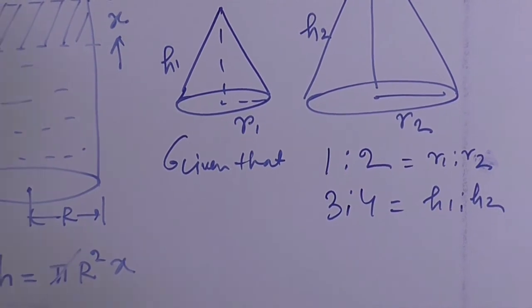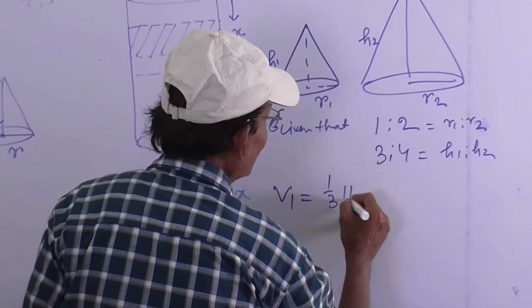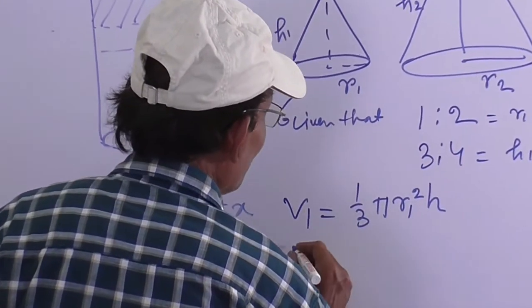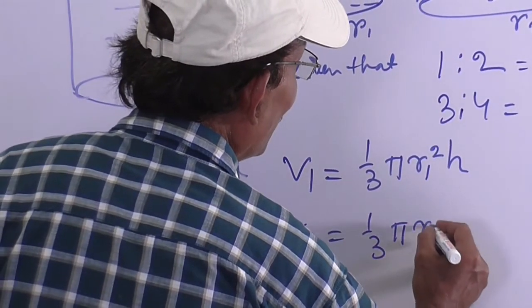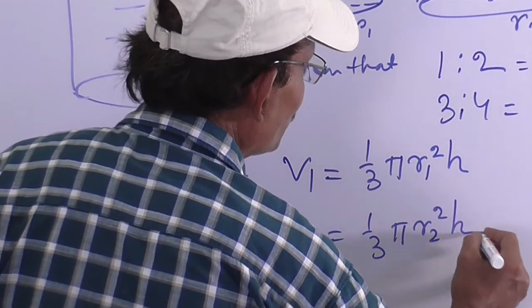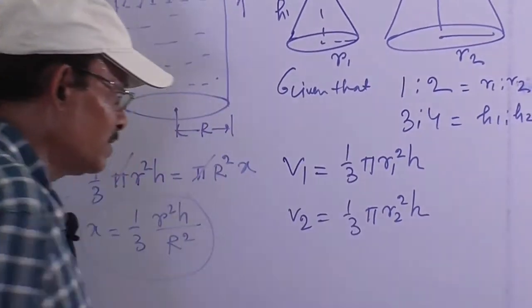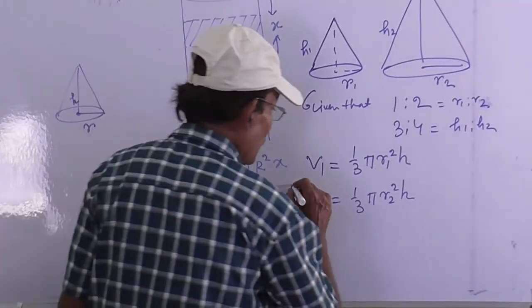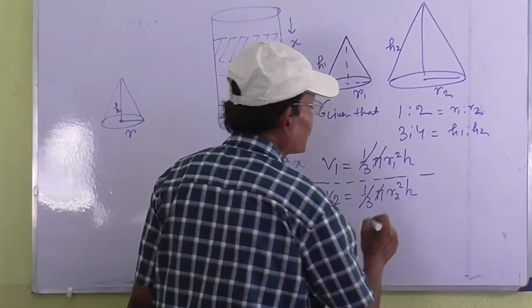Clear? Now, V 1 equal to 1/3 pi r 1 square into h 1, V 2 equal to 1/3 pi r 2 square into h 2. Clear? So, if we divide V 1 by V 2, 1/3 will be cancelled.